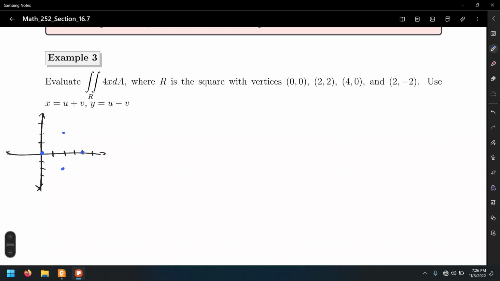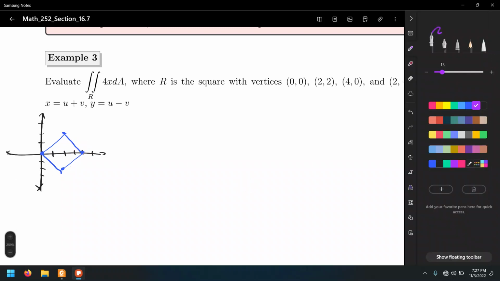So this is essentially a square tilted 45 degrees, all right, like a diamond, if you will. Now check this out. Is this region vertically simple? Is it horizontally simple?